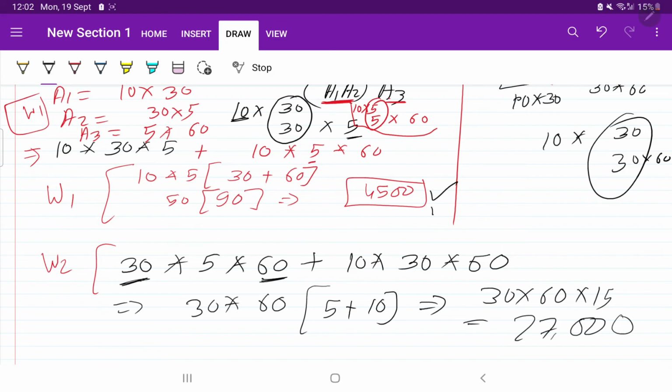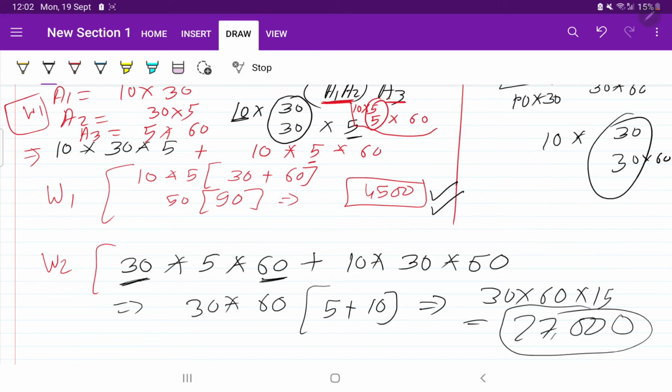So here you got the cost as 4500 and here you got the cost 27,000. Are you getting it? 27,000, correct. Let me check the earlier calculation too: 50 into 60 is 3,000.